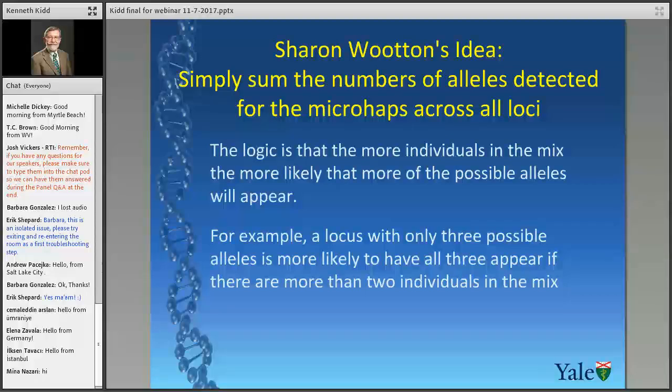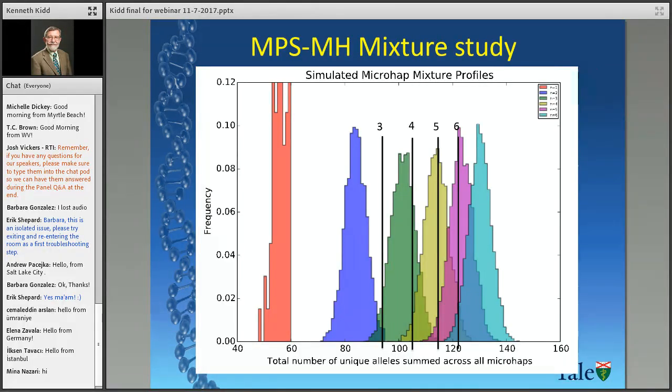So they all must have at least 4 contributors. The question is, how do we determine what that number is? And one bit of logic is self-evident: the more individuals in a mix, the more likely that more of the possible alleles will appear.